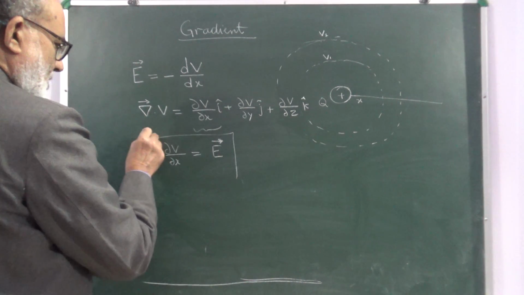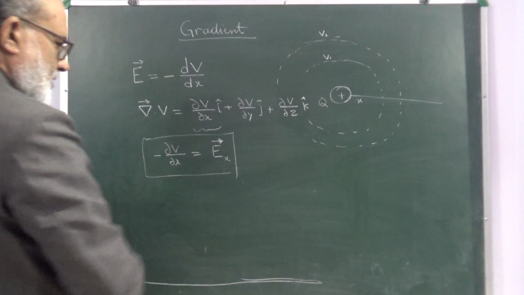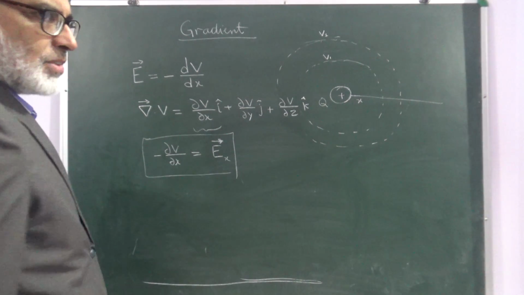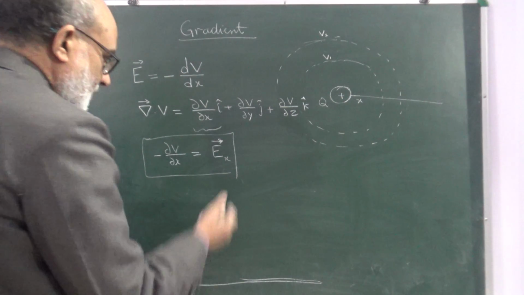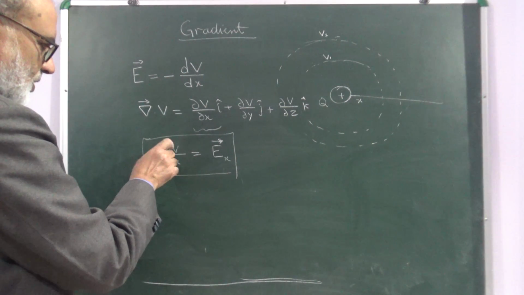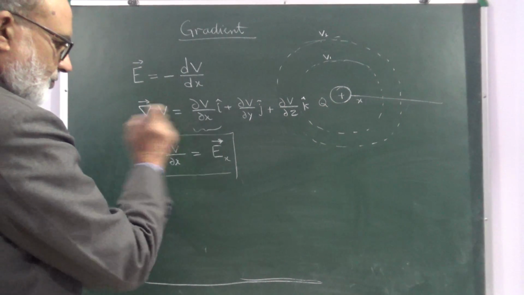So this is the x component of the electric field, this is the y component, and this will be the z component. This is one example of how the gradient of a scalar field results in a vector field.